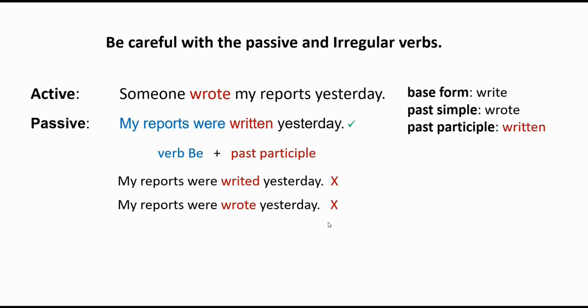That is also wrong. So the conclusion is you must learn the past participle form of irregular verbs. You have no choice, no other way to do it. You must learn the past participle of irregular verbs.